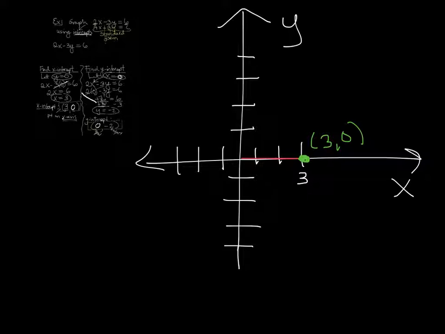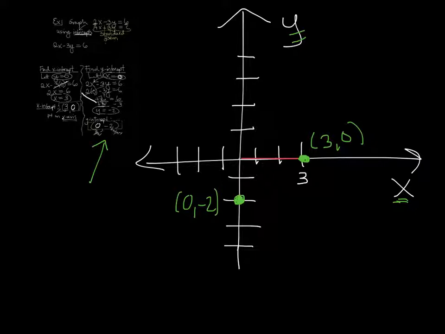It touches the x-axis, so hence the x-intercept. And then this guy, 0, negative 2. We start at the origin, and then we move down to negative 2. So this guy is 0, negative 2. Again, it touches the y-axis, hence y-intercept.